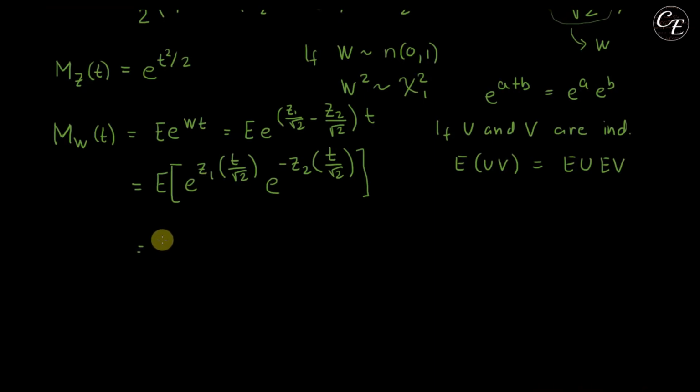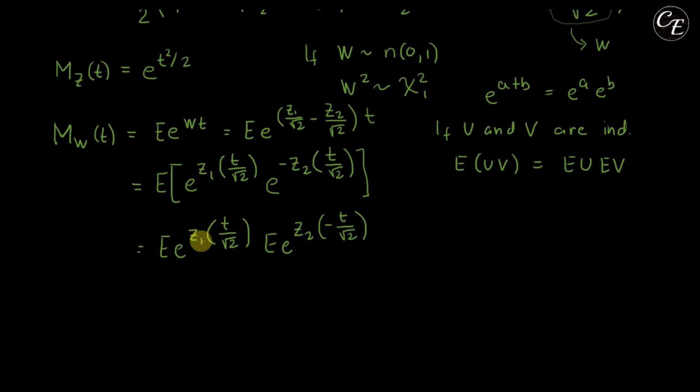So we have here expectation of e raised to z sub 1 t over square root of 2, then expectation of e raised to z sub 2. Let me put this negative inside in here. We have negative t over square root of 2. Now this one has similar form with this one.